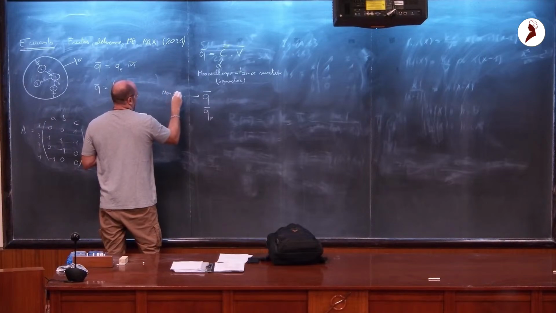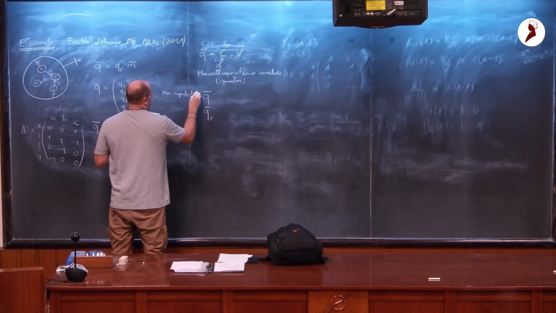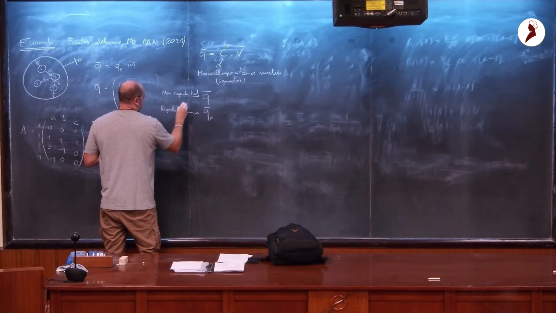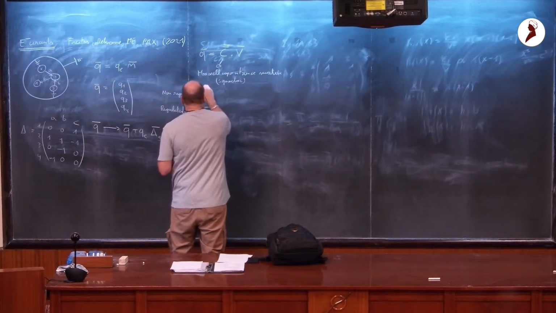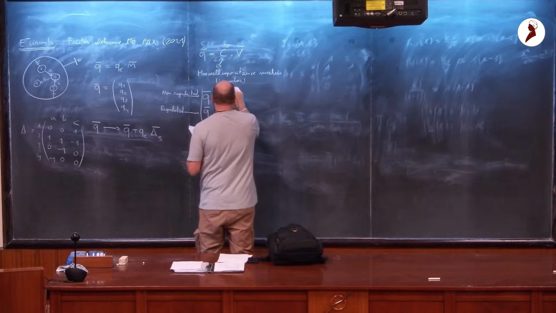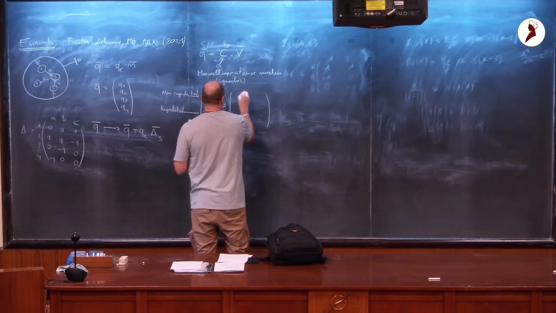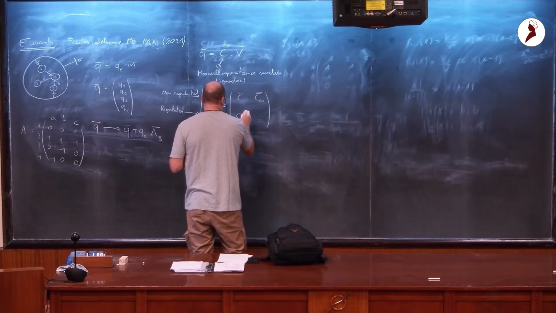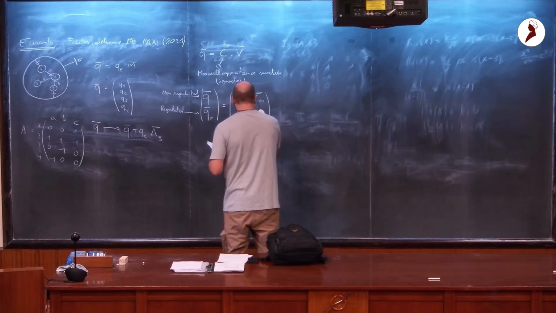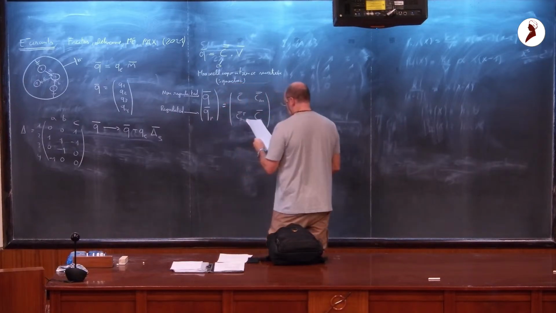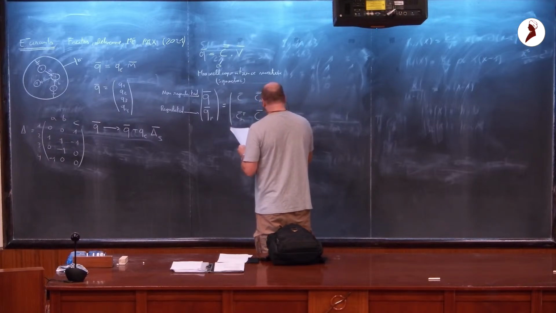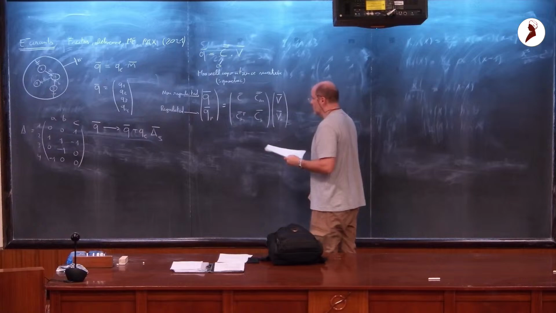So non-regulated and regulated conductors. And so the charge is related to the voltage by these matrices. Since it's symmetric, this is the transpose, like this. And this is now the potential of the free conductors and the potential of the regulated conductors.